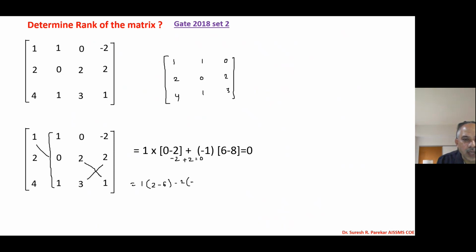So we have 0 and 2, so 0 minus 2, so this comes minus 4. This will be plus 4, so we have 0. But you can see if we consider a 2 by 2 of this, then it is not 0. So our rank of the matrix is 2.